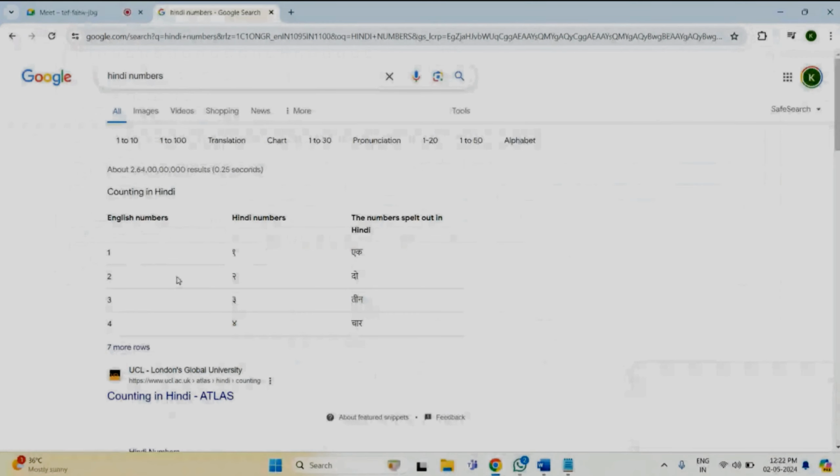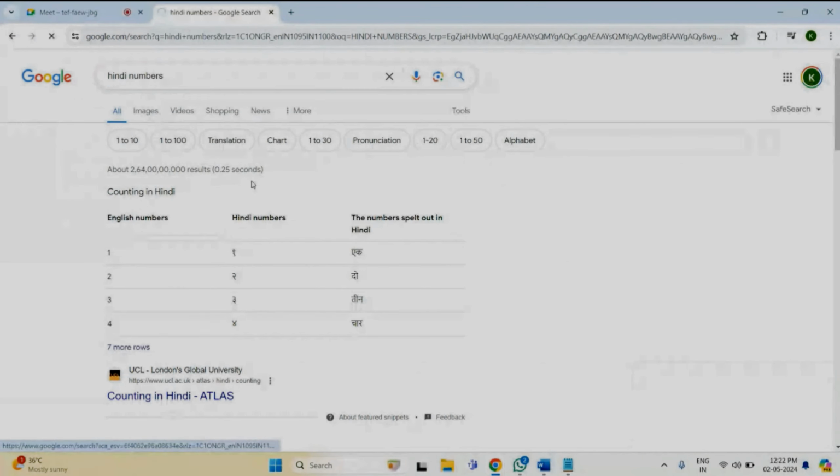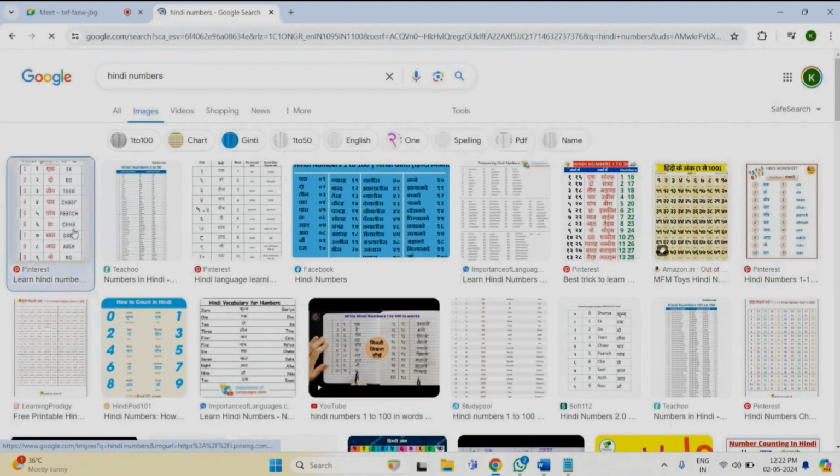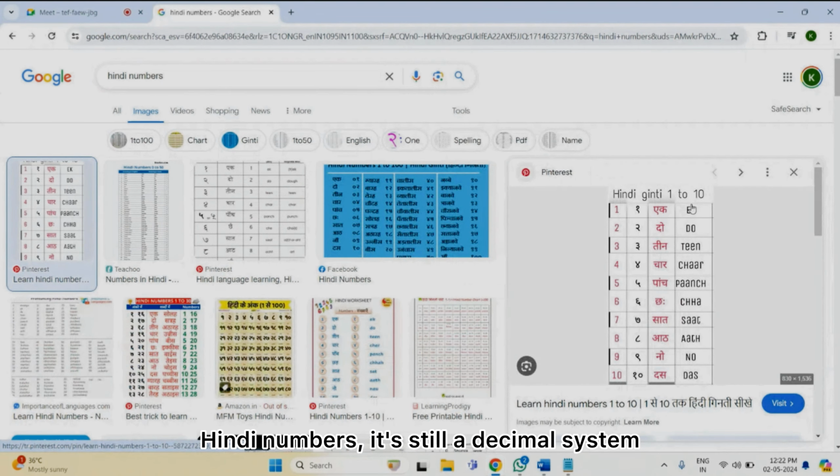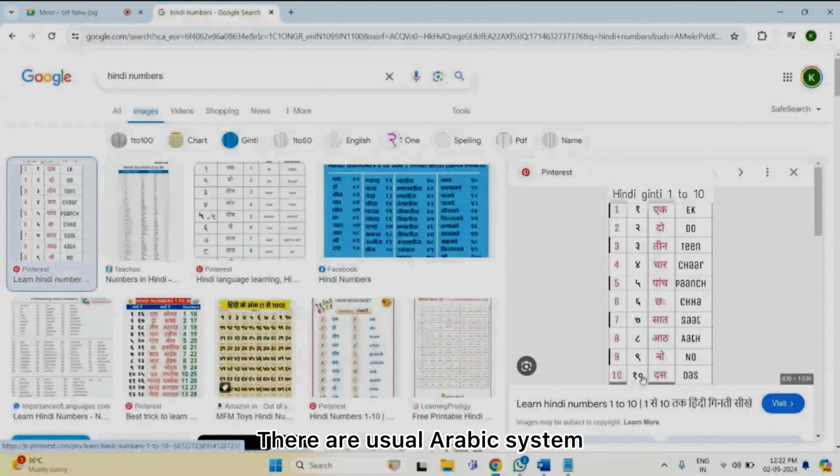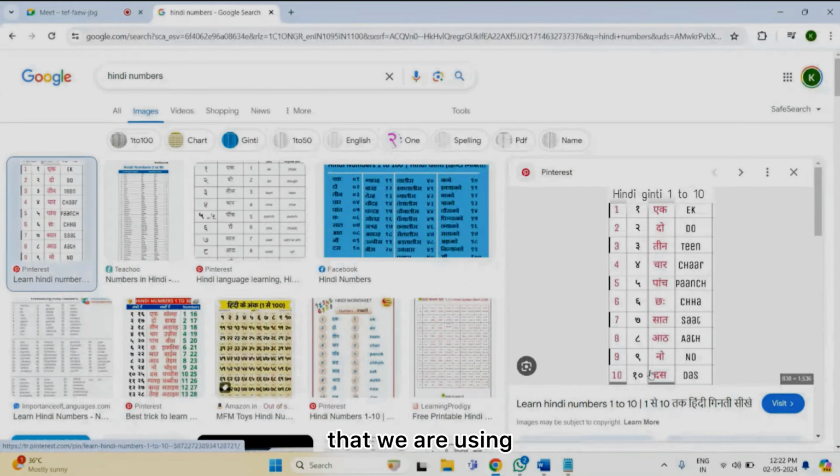See, Hindi numbers, it's still a decimal system, but look at the symbols, how they're written in Hindi. They look different, right? They're not the usual Arabic system that we are using.